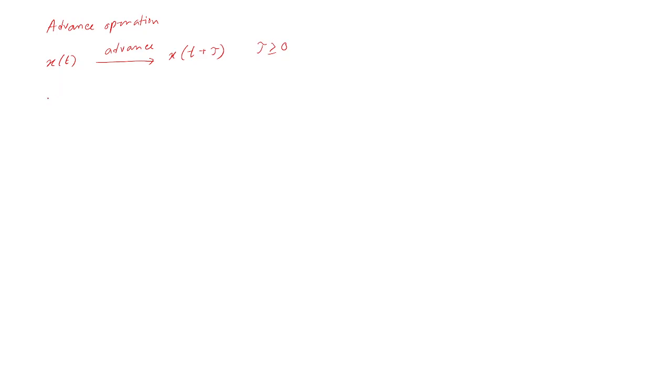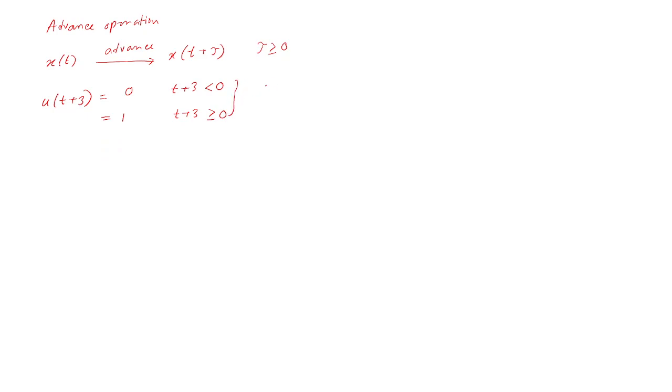So for u(t plus 3), the values we can again write according to the definition: 0 when t plus 3 is less than 0, and 1 when t plus 3 is greater than or equal to 0.